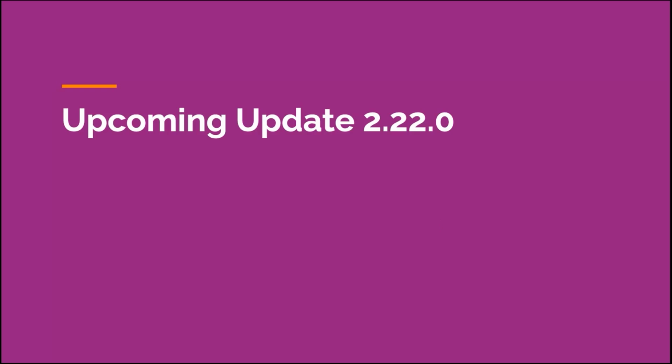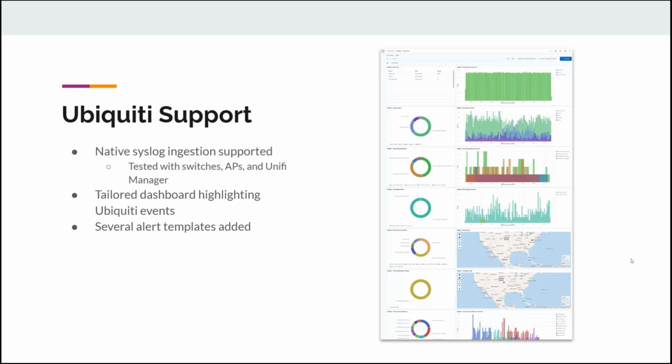So for the upcoming update 222, one of the things that we had a lot of people asking about, and it was a lot larger than we thought it would be, was Ubiquity support.